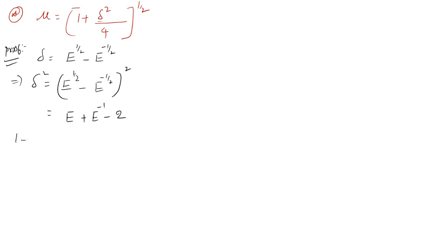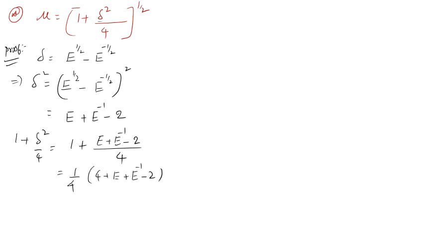Now 1 plus delta square by 4 equals 1 plus e plus e power minus 1 minus 2, all over 4, correct? So if I take 4 as the LCM, 1 by 4 of 4 plus e plus e power minus 1 minus 2, that is equal to 1 by 4 of e plus e power minus 1 plus 2.